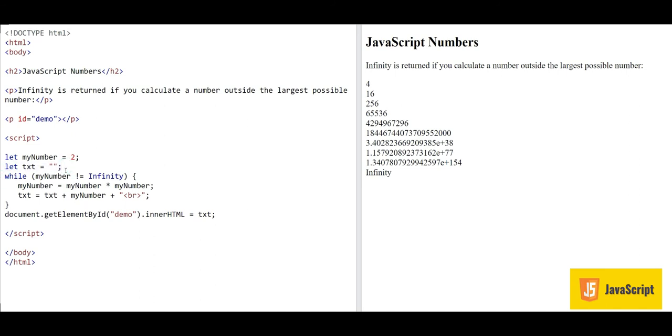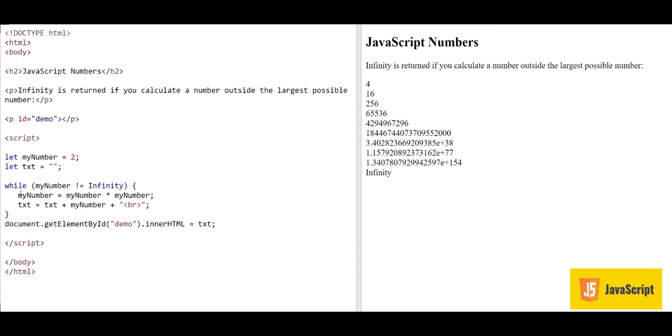We have a while loop, and while myNumber is not equal to Infinity, myNumber is equal to myNumber times myNumber. We multiply the number by itself, storing it in the same variable, and then display this number with the help of document.getElementById demo innerHTML.